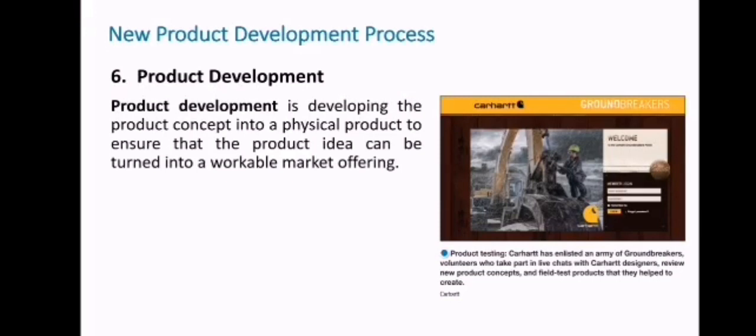The product development step, however, now calls for a huge jump in investment. It will show whether the product idea can be turned into a workable product. Often, products undergo rigorous tests to make sure that they perform safely and effectively, or that customers will find value in them. Therefore, this process is very important.